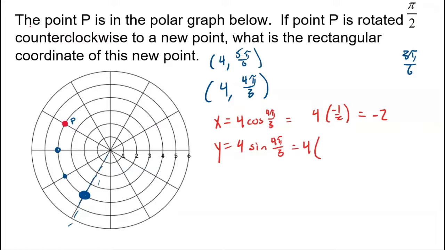And sine of 4 pi over 3 is negative radical 3 over 2. So when I multiply, that's going to be negative 2 radical 3. So the rectangular coordinate for this new point that got rotated is going to be negative 2, comma negative 2 radical 3, which again should make sense because if your x and y are both negative, you're going to be down there in quadrant 3, which is exactly where this polar coordinate is.